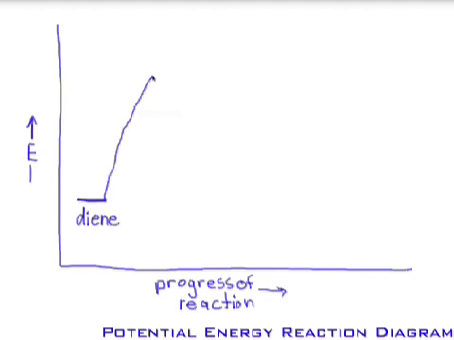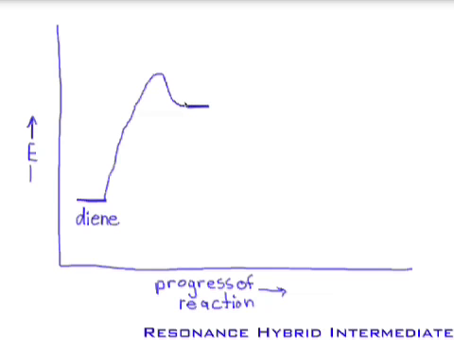H plus adds. And then we hit a valley right here. Now, I'll level that off a bit. What's in this valley? Well, this is the resonance stabilized carbocation.